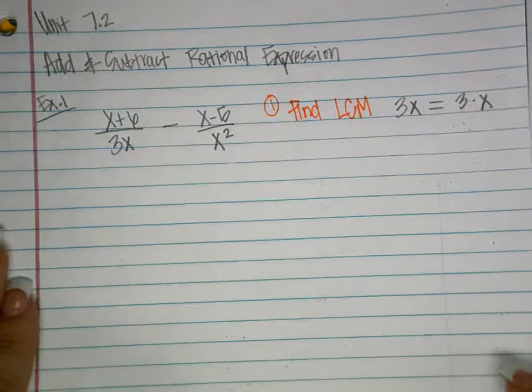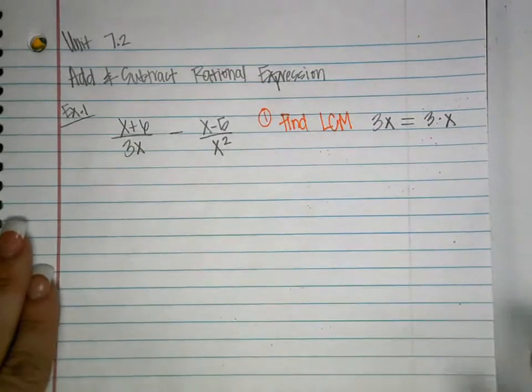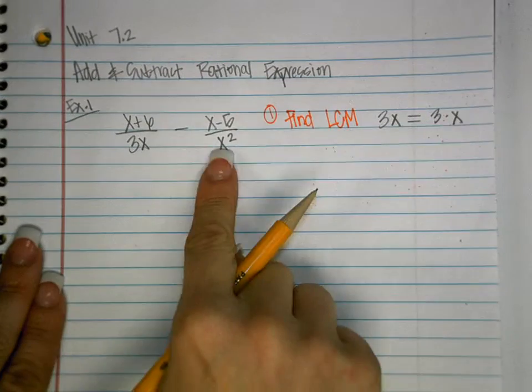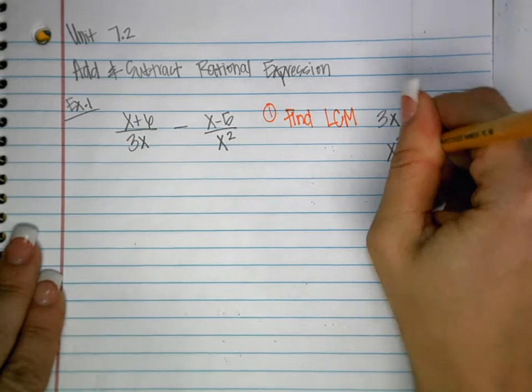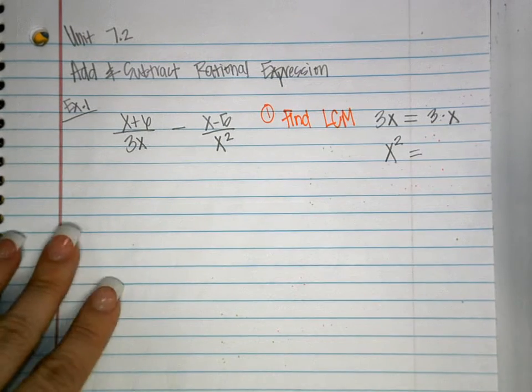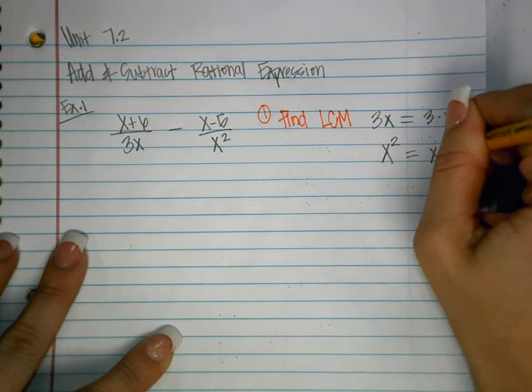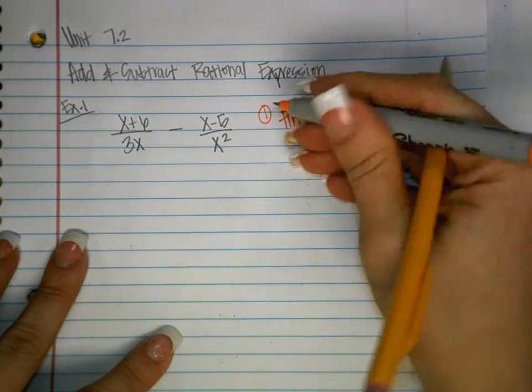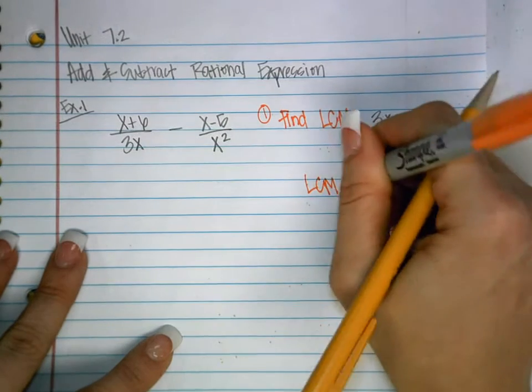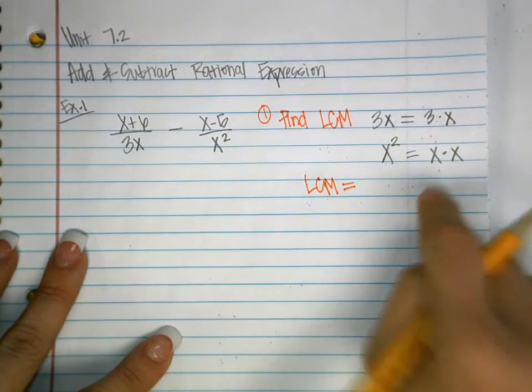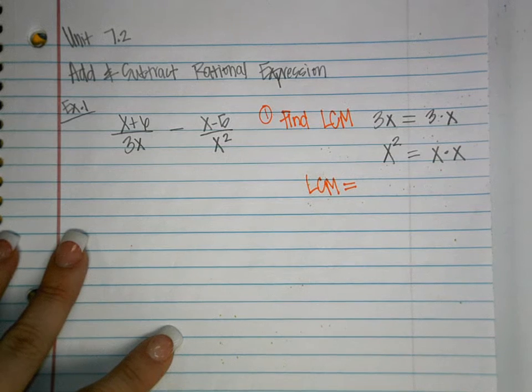Then I want you to do the same thing for the other denominator, x squared. What is x squared made up of? x and x. The way that you find your LCM is you figure out which parts you have to have. You have to have every single part there.